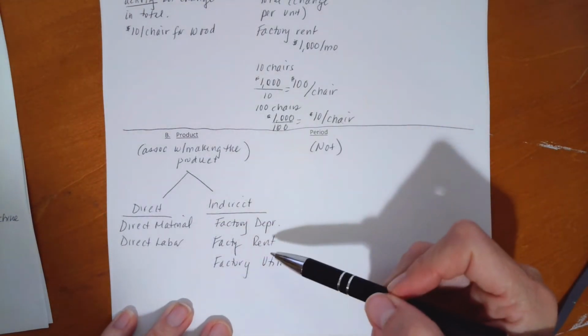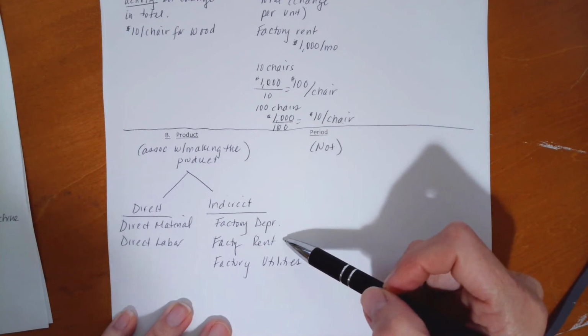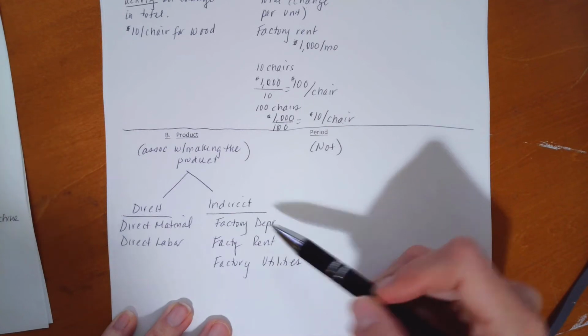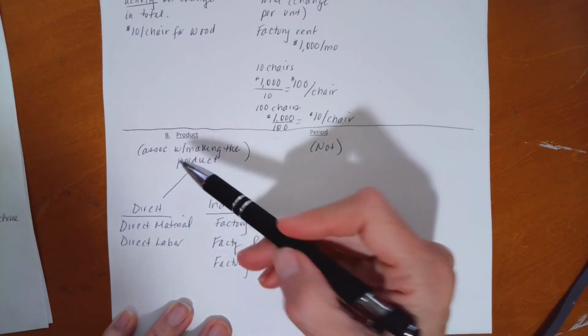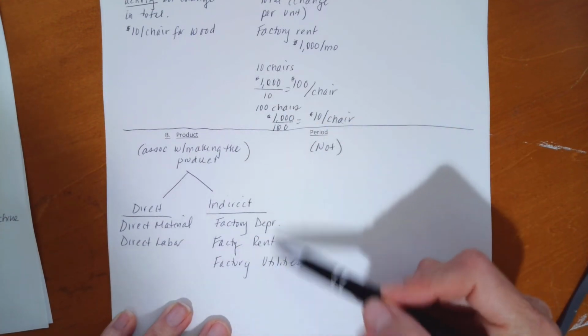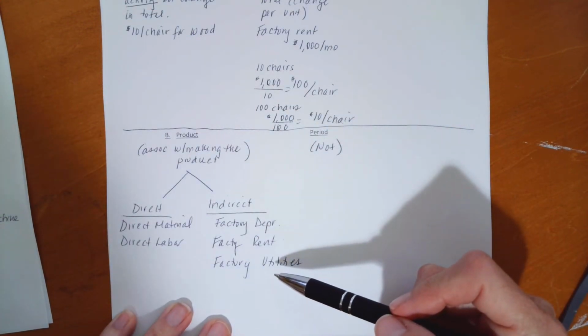So these you can't obviously trace rent into your product, right? We're going to have to allocate that cost to the product. But because it has to do with the factory, right, we wouldn't have these costs if it wasn't for this product. These are indirect product costs.